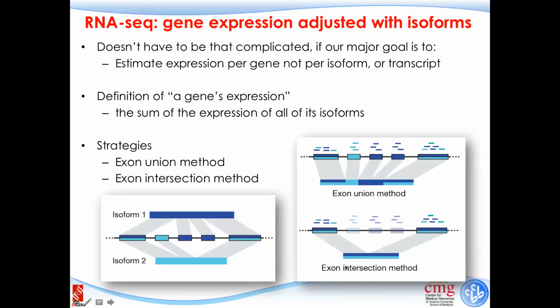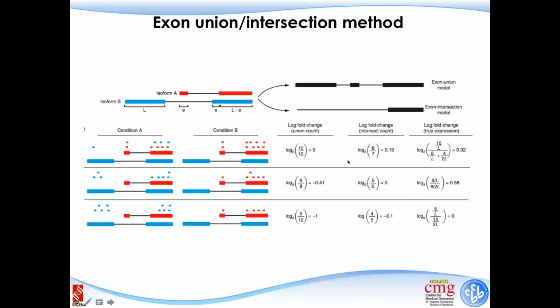And the second one is the exon intersection method. We just use the reads mapped to the exons that are contained by all of the isoforms, and then normalize by the length of these exons. So this example will make it more clear.